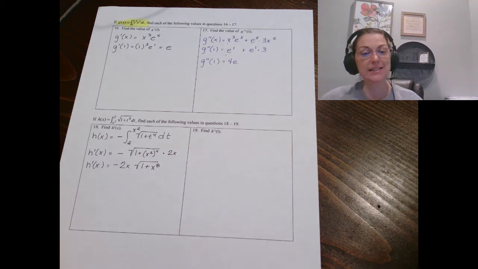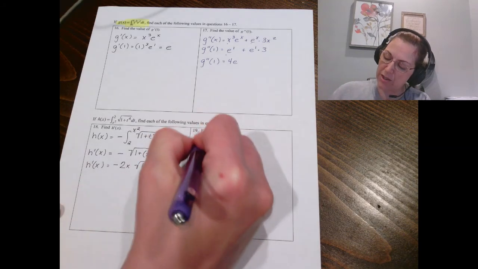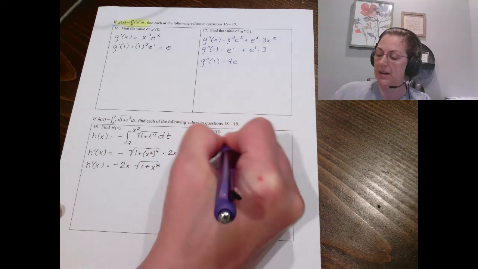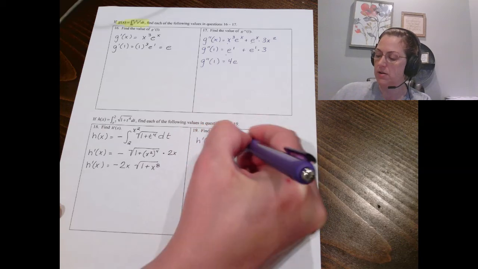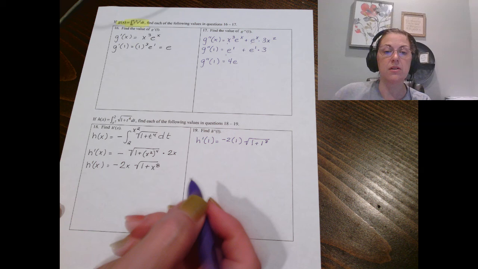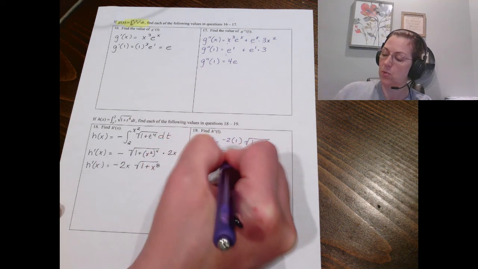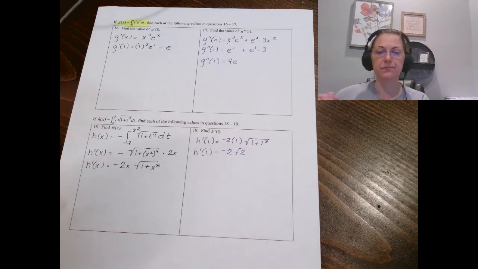And now 19 wants us then to use that and find it at 1. So h prime of 1 would be -2 times 1 times the square root of 1 plus 1 to the eighth, or -2 times the square root of 2.